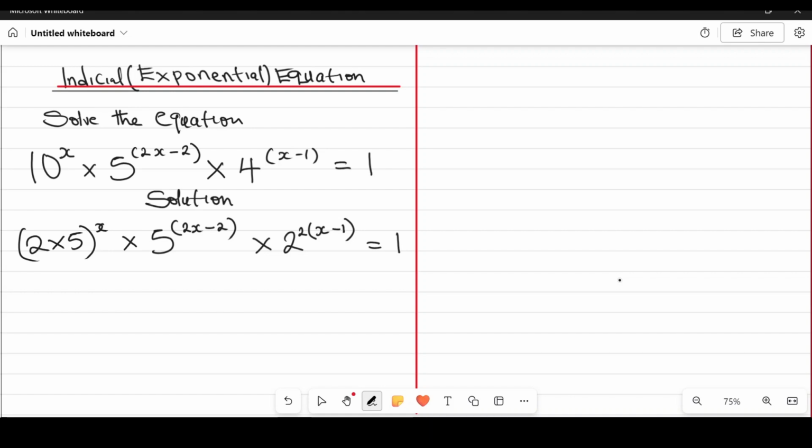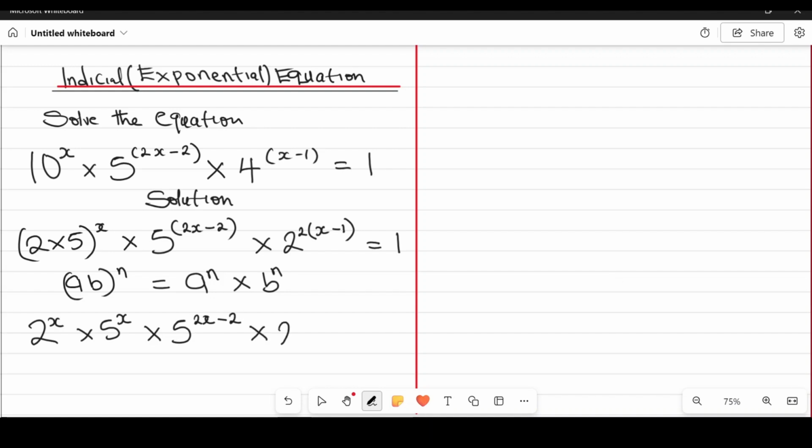So we know that from the product power law, A multiplied by B all to the power of n is equal to A to the power of n times B to the power of n. If we apply that in our equation, we have 2 to the power of x times 5 to the power of x times 5 to the power of 2x minus 2 times 2.